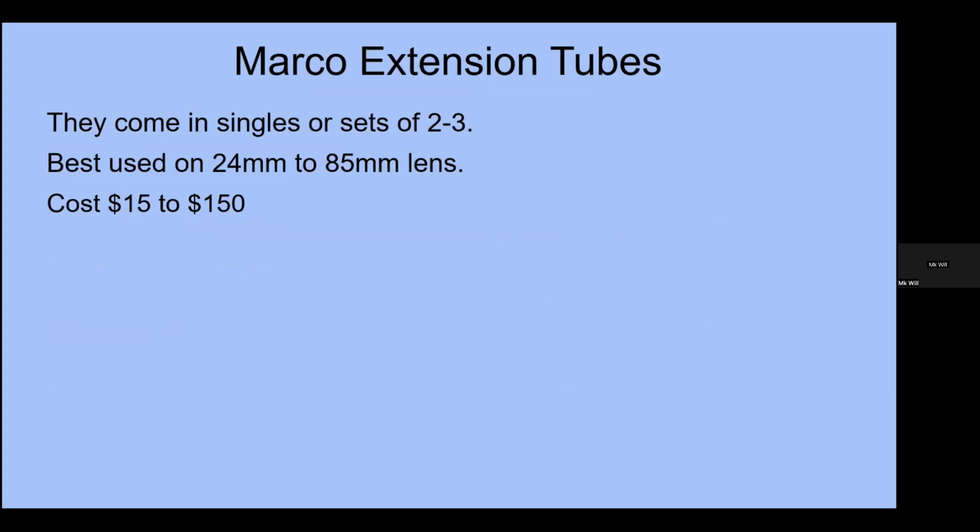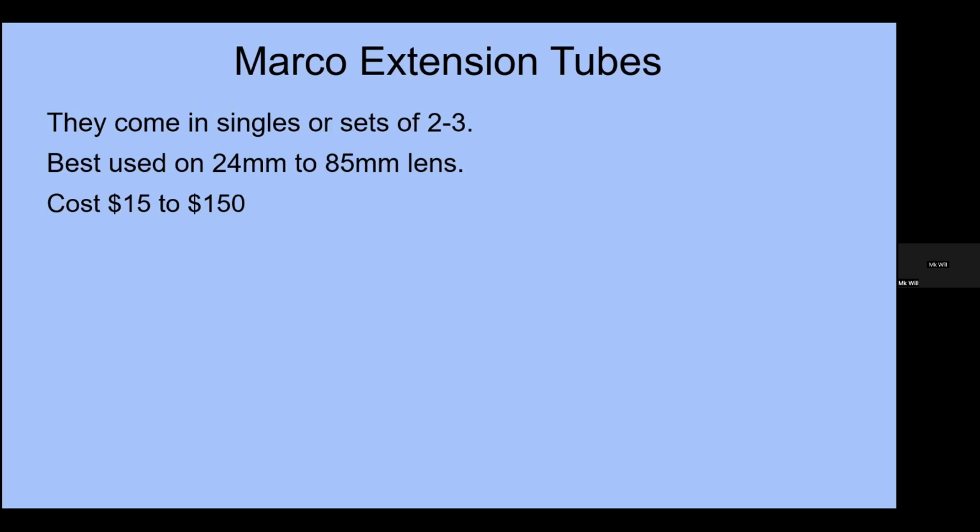And you can buy these singly or in groups. This is a group of 3, and they work best on a lens from 24 to 85, because let's say this is 68 millimeters, all these together, and you're dividing 24 into it, you get quite a bit of magnification.